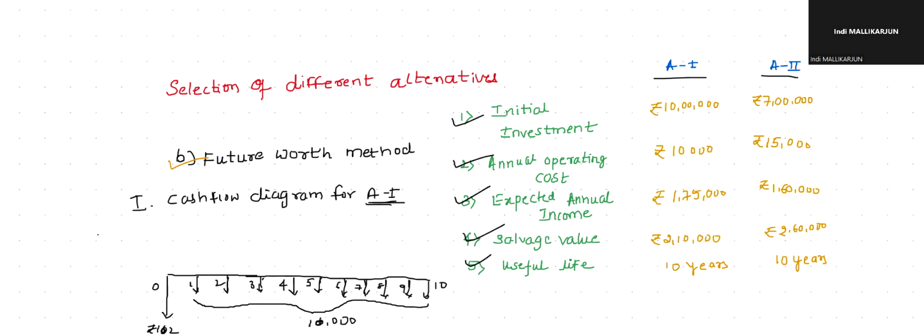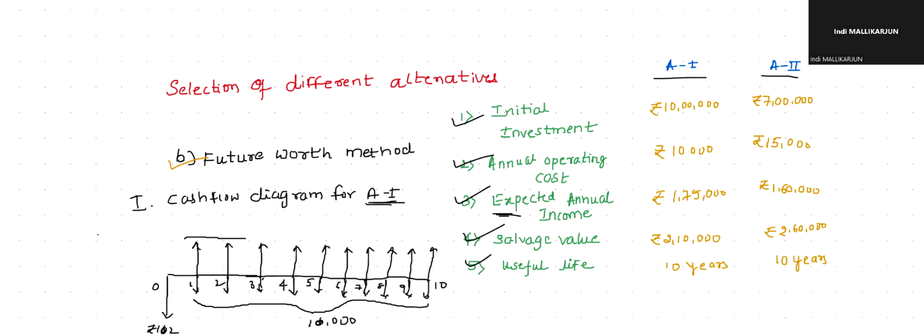Now, at the same time, the alternative is getting income annually. How much is it? The annual income is 1,75,000. Which means at the end of every year, the alternative will get 1,75,000 rupees.